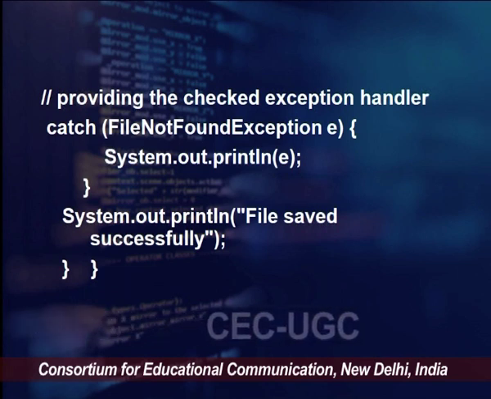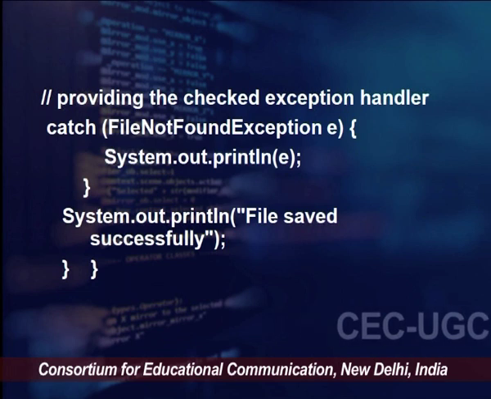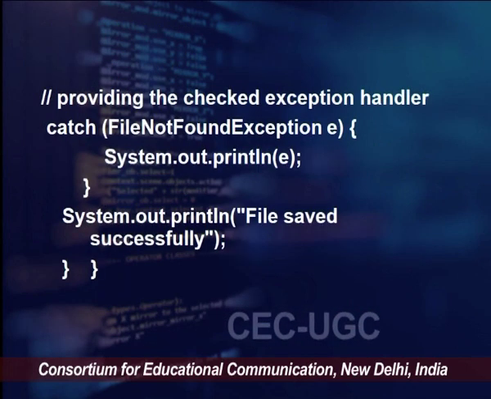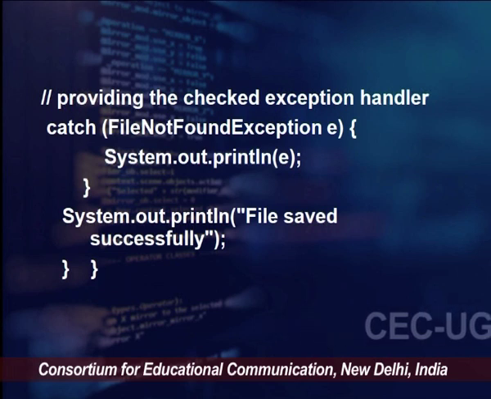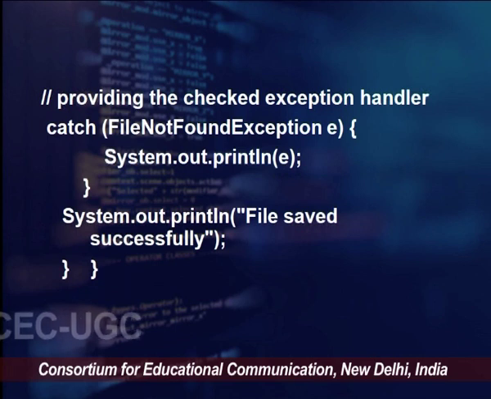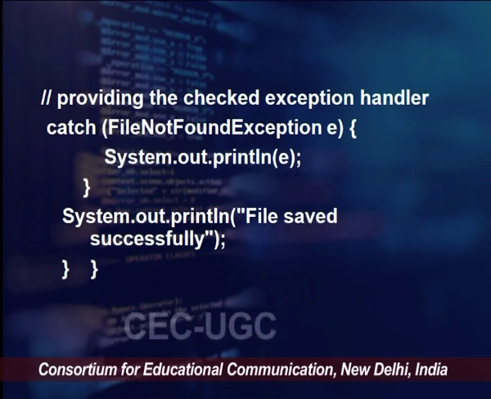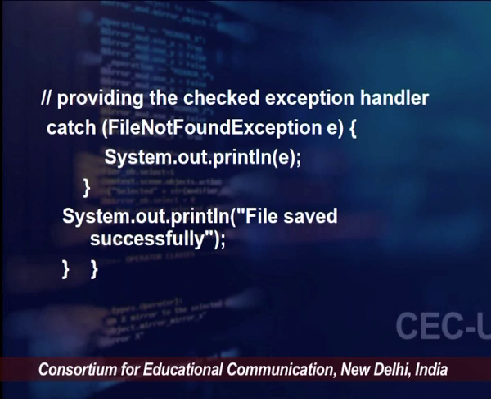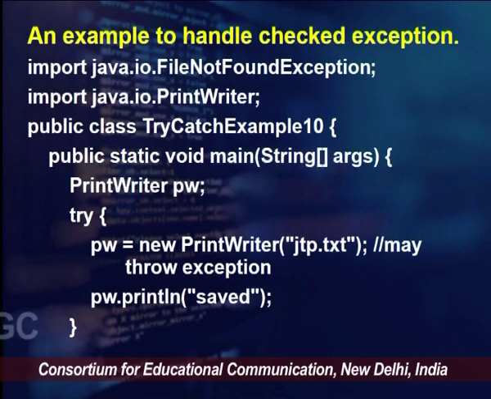System.out.println writes that on the screen, and pw.println writes something onto the printer stream. Here System.out.println file saved successfully is going to be written. So here we have dealt with a checked exception, and that checked exception is being handled with the help of a catch clause.